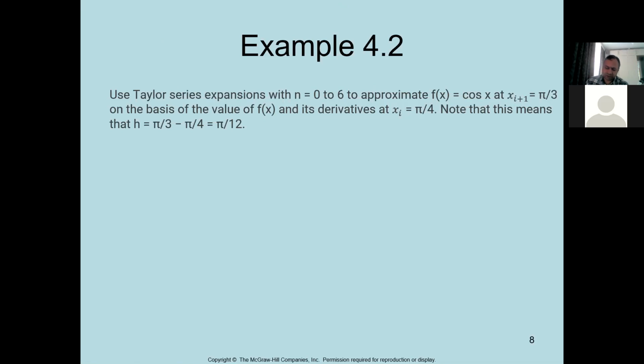Now you might ask, why do we need to do that? Of course, we don't need to, but just for the illustration of the method, because we know that cosine of pi by 3, that is cosine of 60 degrees, is 0.5. Everybody knows that, and we already know the true value, but let's see how the method works.